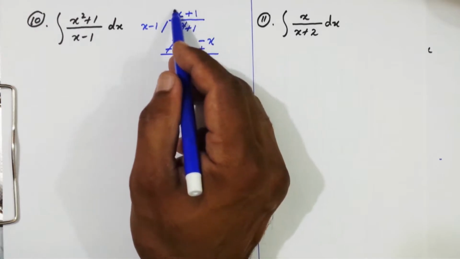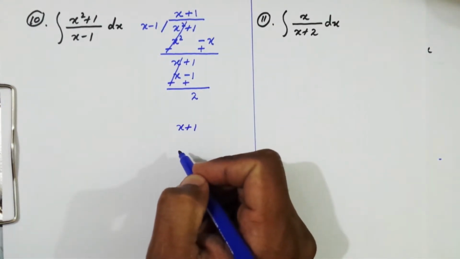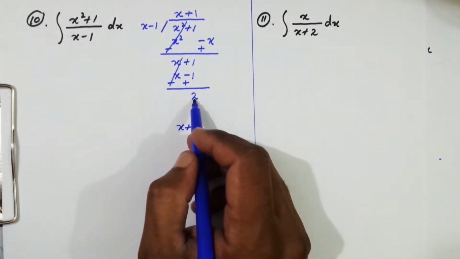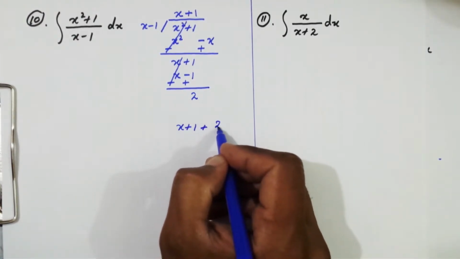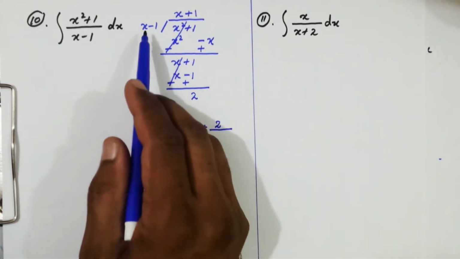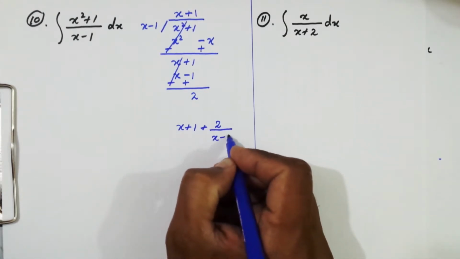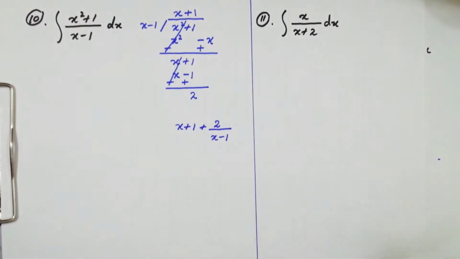First, you will write this quotient. Then we write this remainder in the numerator with its sign, and in the denominator we write this divisor. Again, I tell you how to write the answer of this long division method.